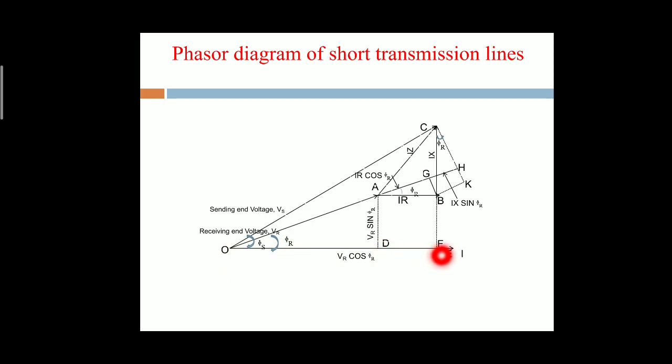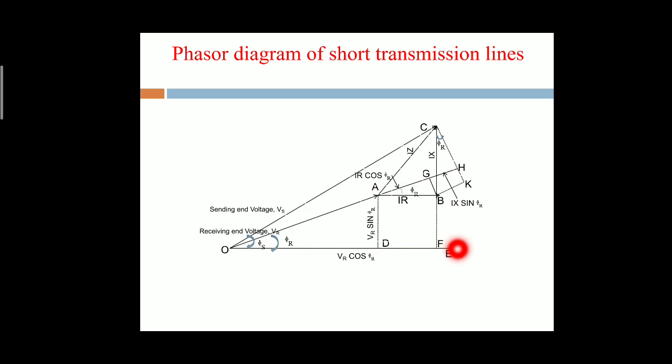That is OF. OF is written as OD plus DF, and FC is written as FB plus BC. The OD is notated by VR cos phi r.